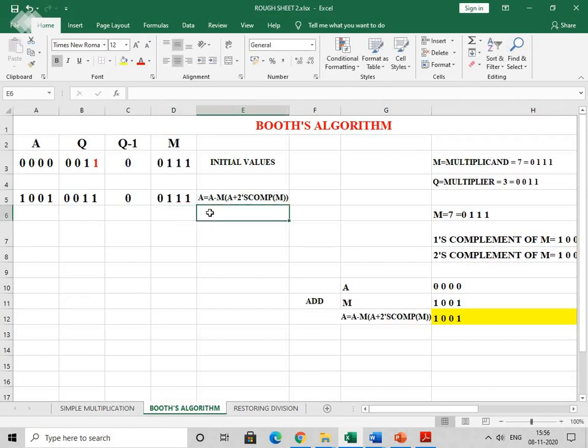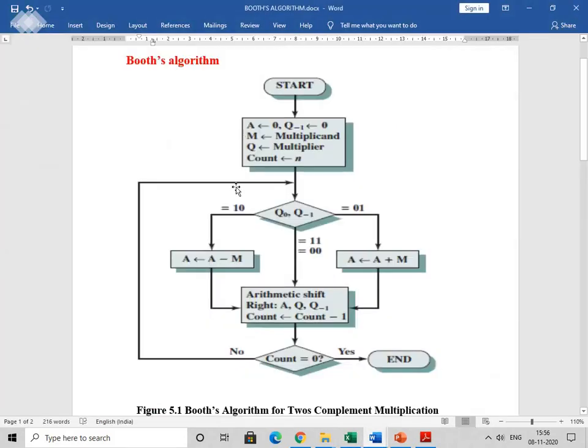So after every subtraction or addition operation, we are going to shift right the content of A, Q and Q minus 1.